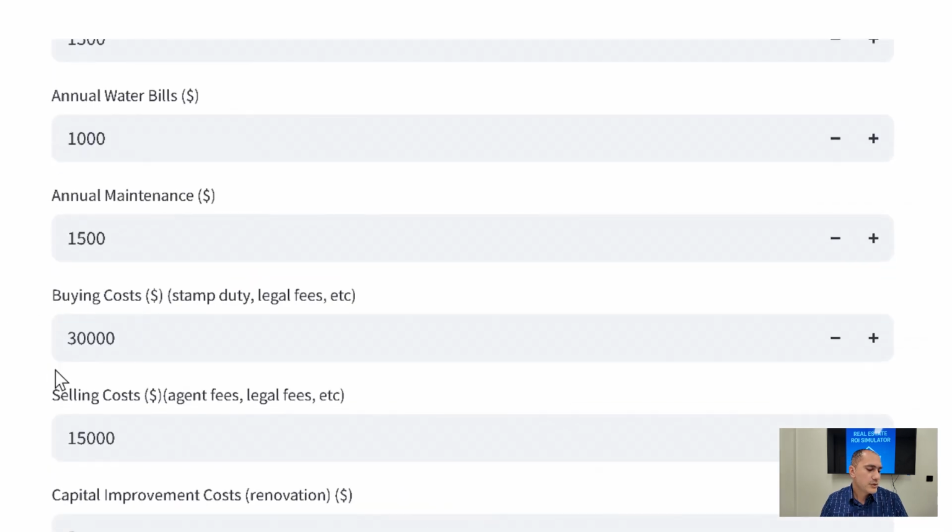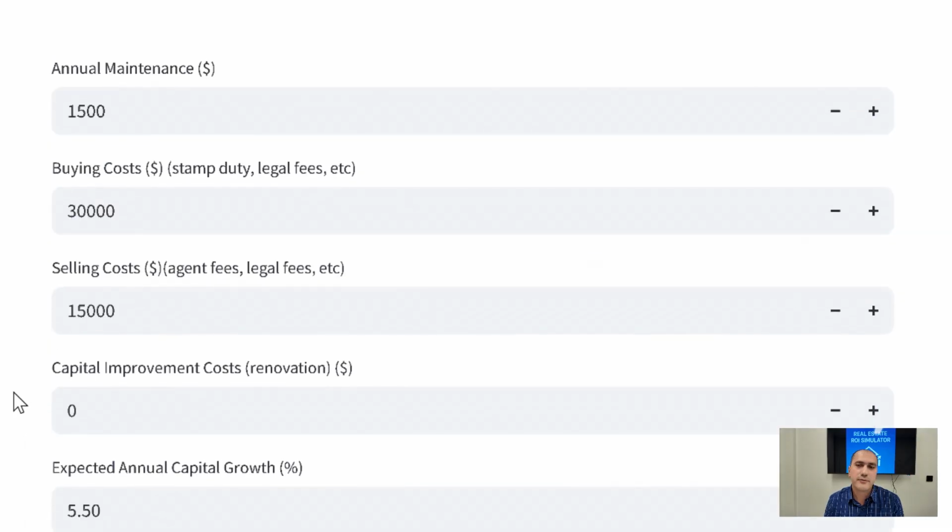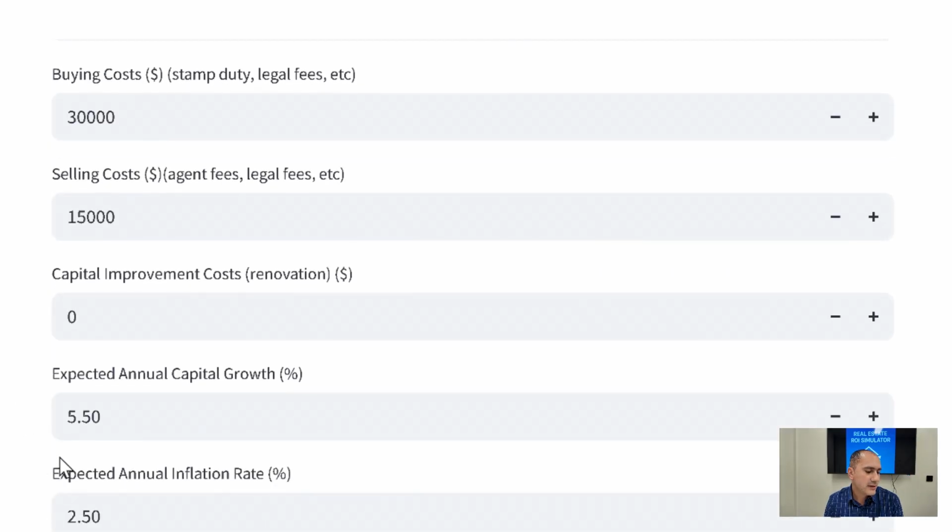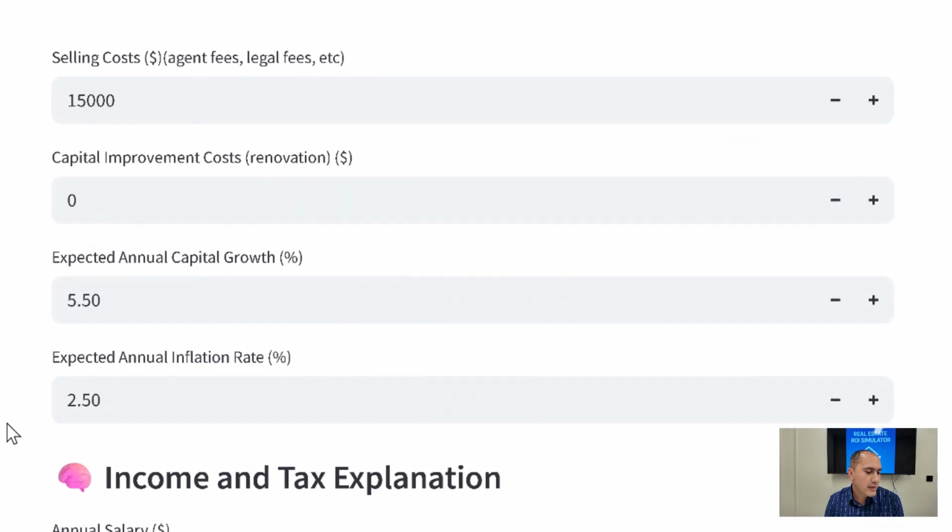And other factors such as expected annual capital growth, which is assumed to be 5.5% here, which is based on historical data, has been happening over the last few decades. And we expect something like that to be happening in the future as well. Expected annual inflation rate is 2.5 here.